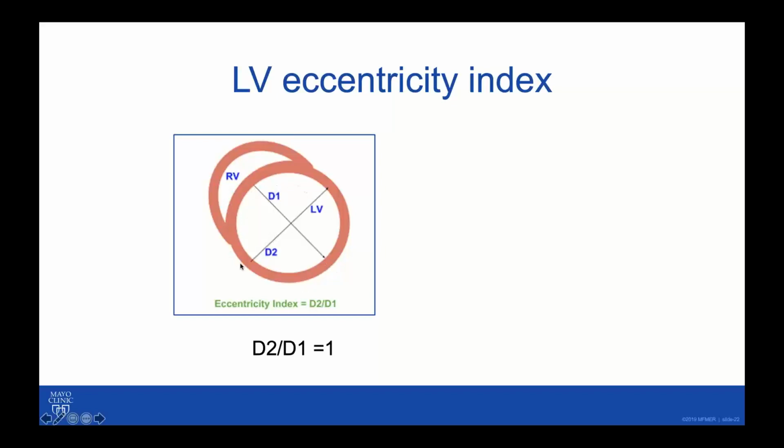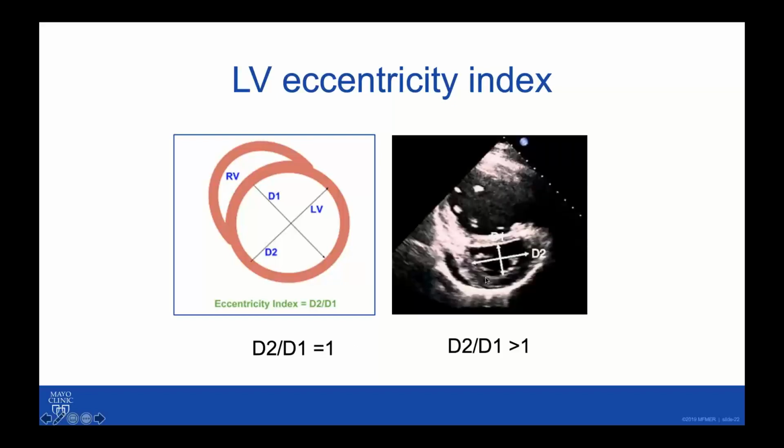In a normal LV, they should be equal because this should be a circle, so the ratio should be equal to 1. In somebody with RV volume overload, you're doing this in diastole, what you see now is that the D2, which is the numerator, is higher than the D1, so it's going to be greater than 1.